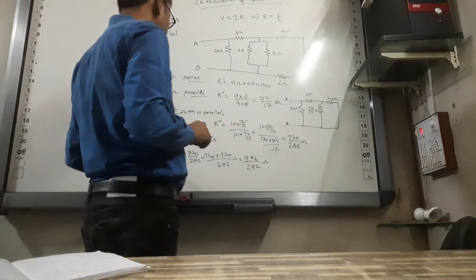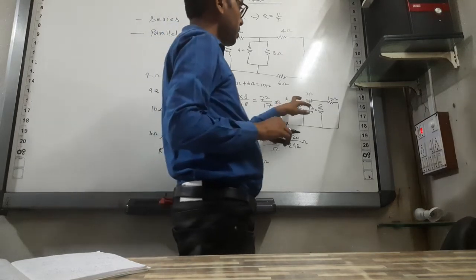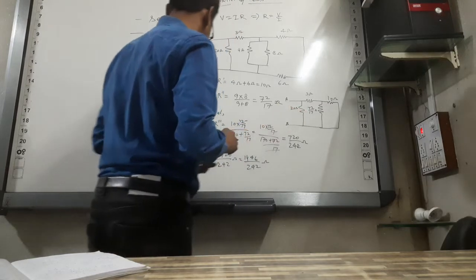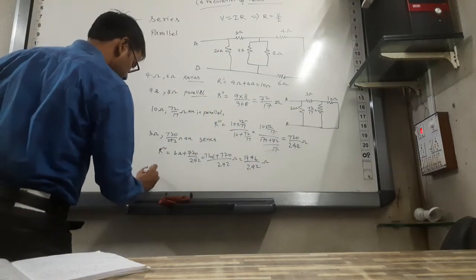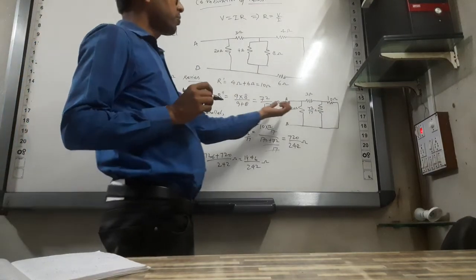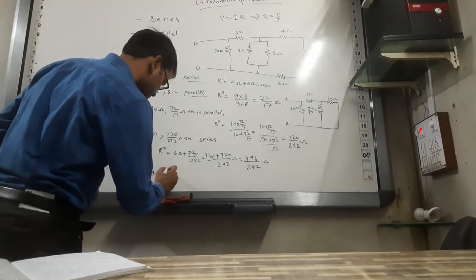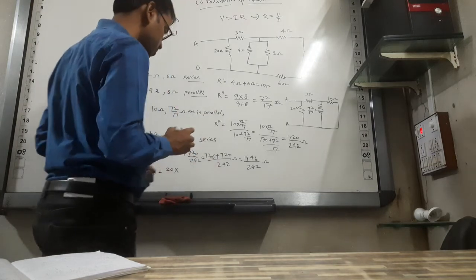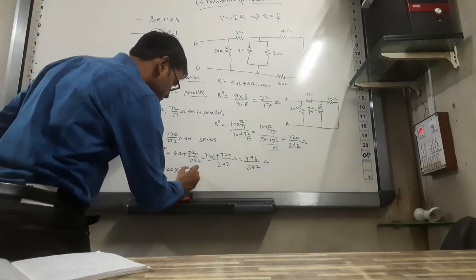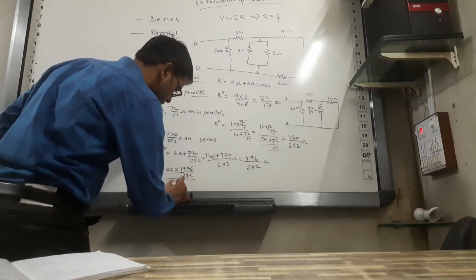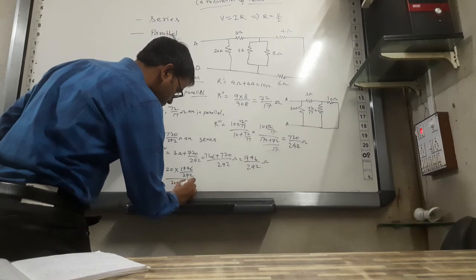Now R4 dash is in parallel with 20 ohm, so the equivalent resistance comes to be 20 ohm into 1446 divided by 242, over 20 plus 1446 by 242.